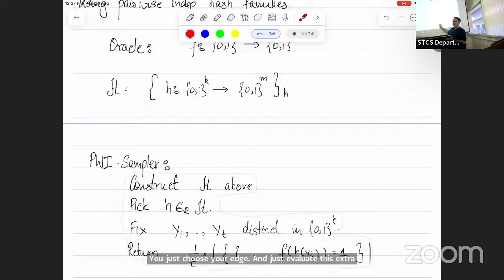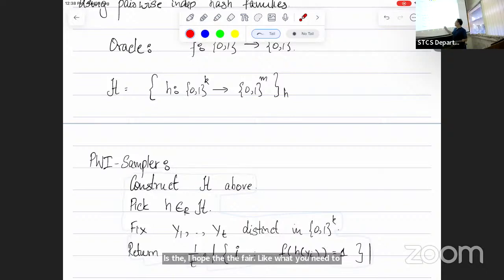So the randomness comes from just choosing your hash function h from this set. Just think of your t samples as the evaluations of this hash function at these t points, and take the empirical average amongst them. I hope the pairwise independent sampler is clear, like what you need to do.